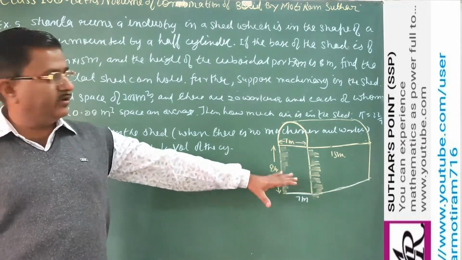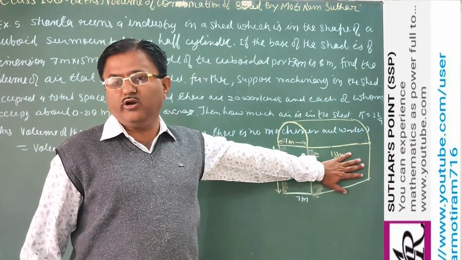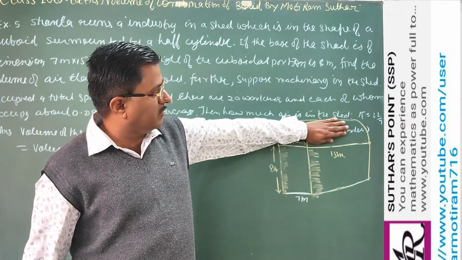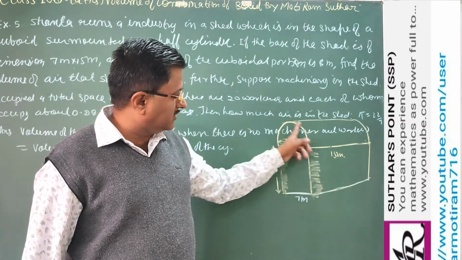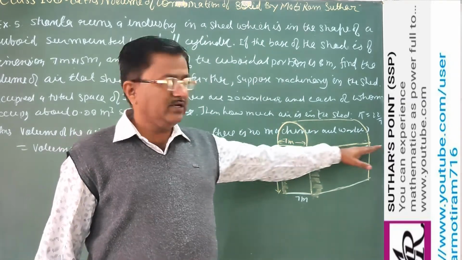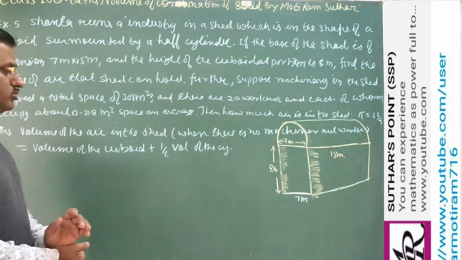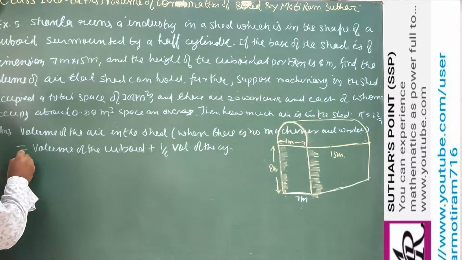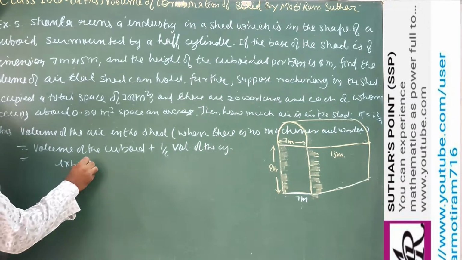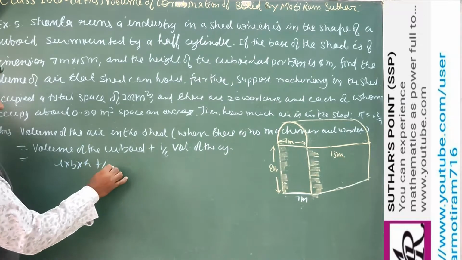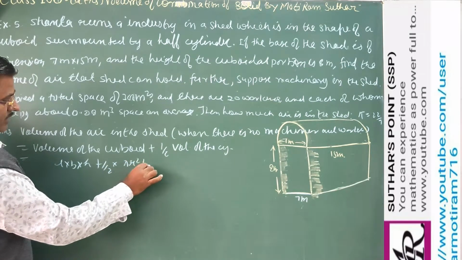Here we can easily understand this is in the form of a cuboid, so the air will be in the cuboid form, and this is a semicircle because we are given a semicircle part of the base of the cylinder. So we can say we have to use half of the cylinder. As you know, the volume of the cuboid is length into breadth into height, and the volume of the cylinder is pi r square h.